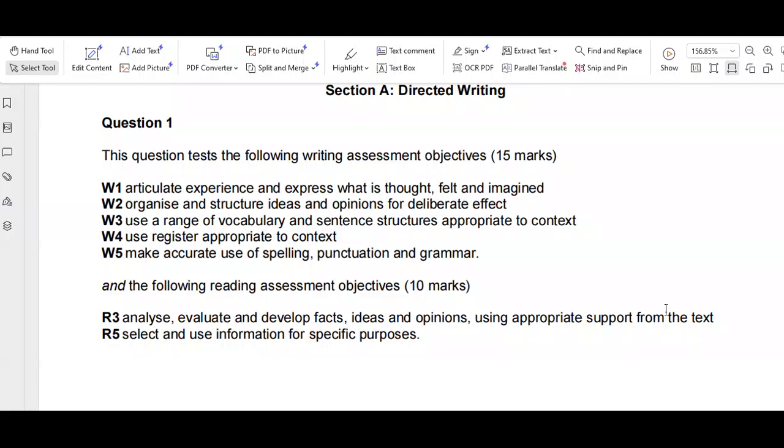Remember, as I have mentioned in my previous videos as well, that the texts which are usually given in our paper are complex. They include a wide variety of ideas, but not all of the ideas are going to be used to fulfill the requirement of your question.